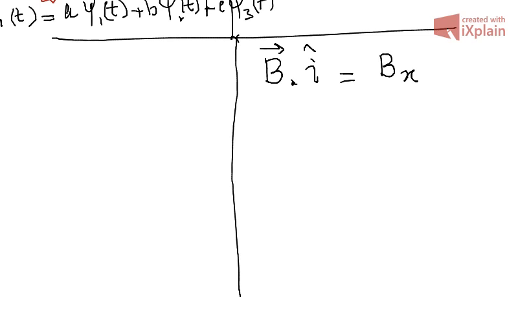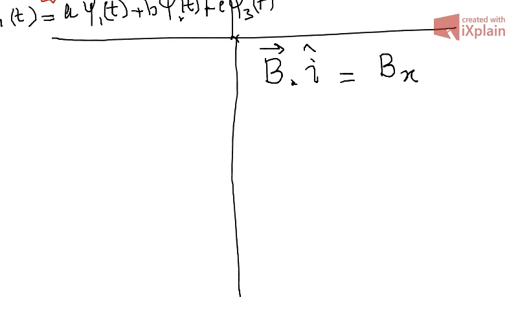I would say it gives me the measure of the image of vector B, which is similar to the i unit vector. It is the measure of this similarity.